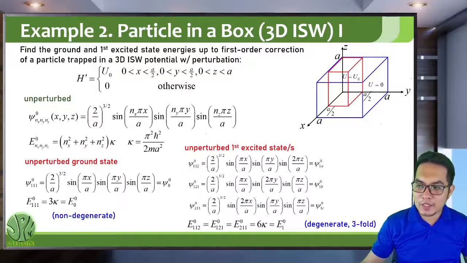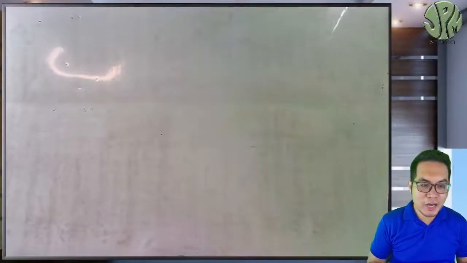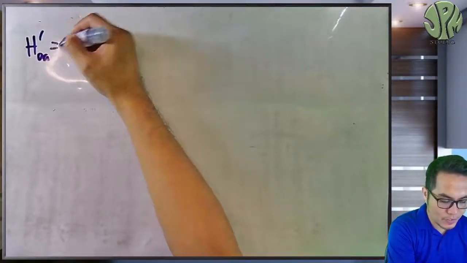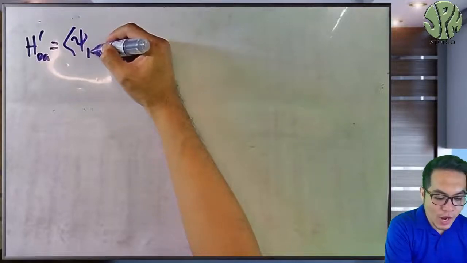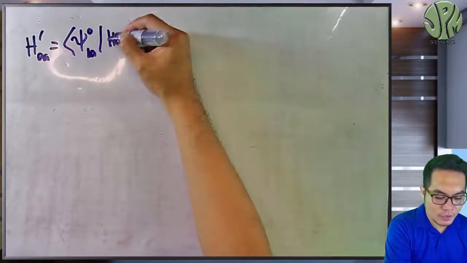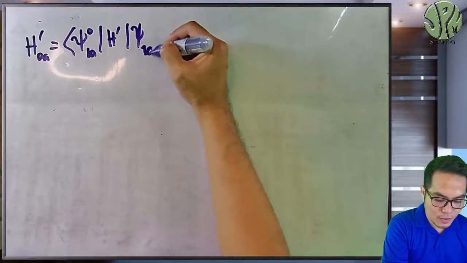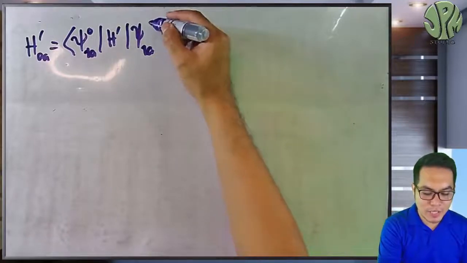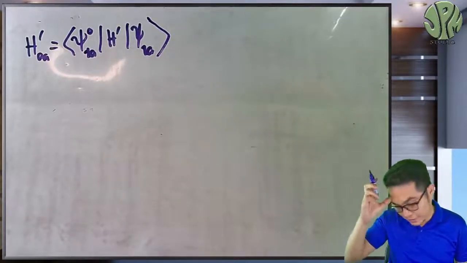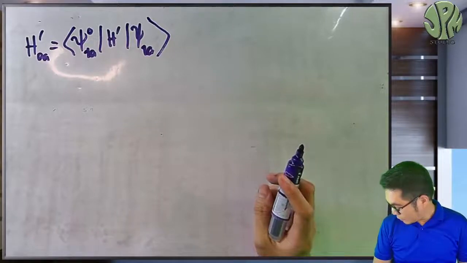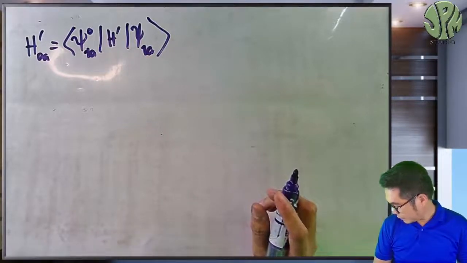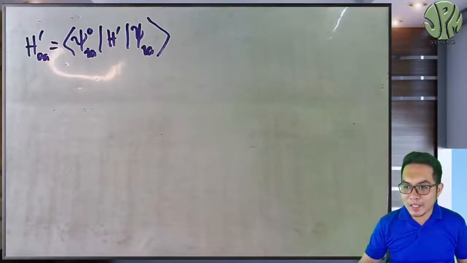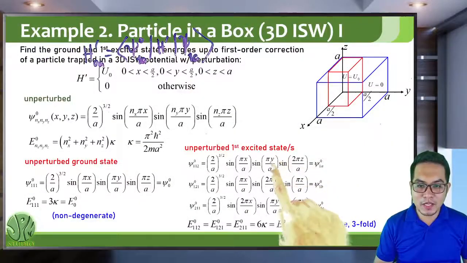Okay, let's try to solve HAA first, the first element. So HAA prime is psi 1a, H prime, psi 1a. So AA, meaning psi 1a, you sandwich your perturbation with respect to these two wave functions. So going back, this is our psi 1a.